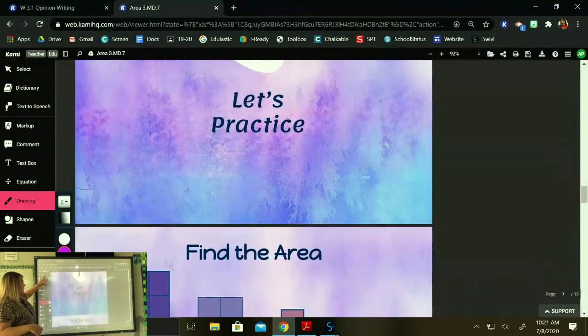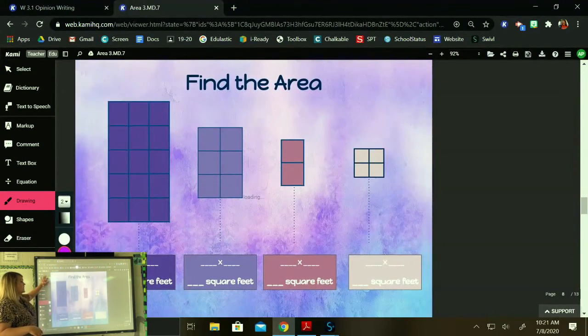Our first set of problems was those tiling problems. So here you see we don't have any numbers, we just have the tiles. You can count 1, 2, 3, 4, 5, 6, 7, 8, 9, 10, 11, 12, 13, 14, 15. But that was a lot of counting. So what we're going to do is just count the length and the width. Let's start with the width. 1, 2, 3, 4, 5 times 1, 2, 3.